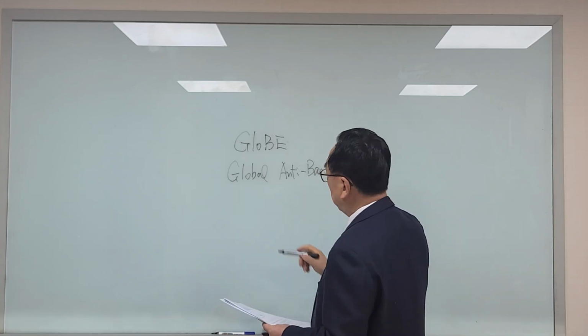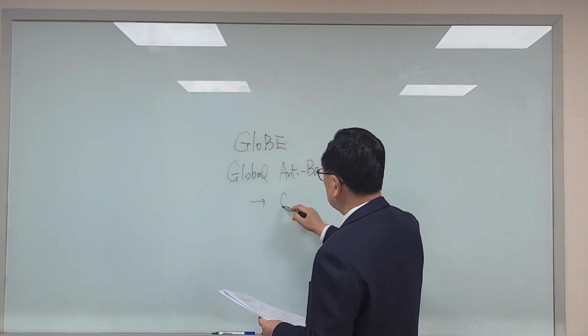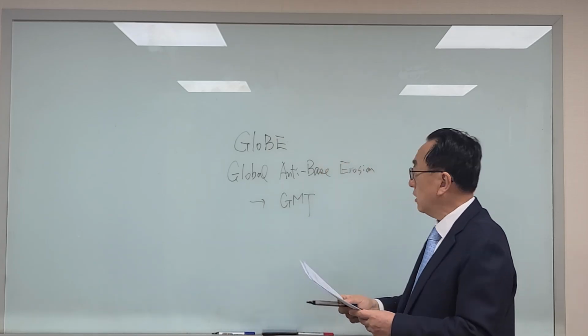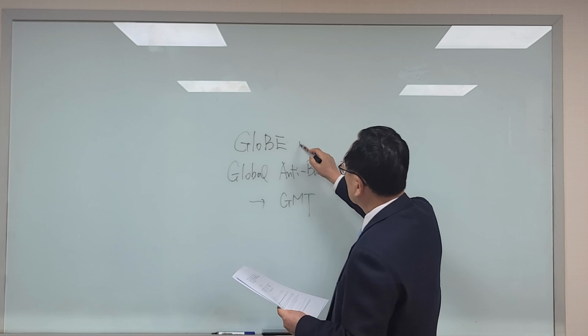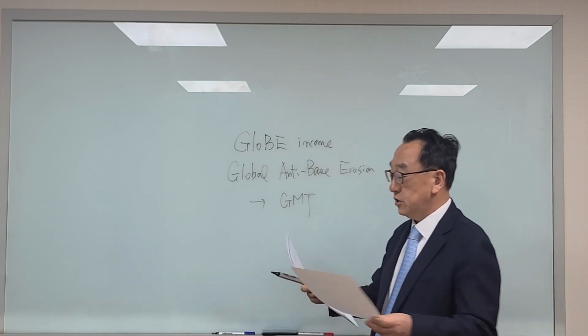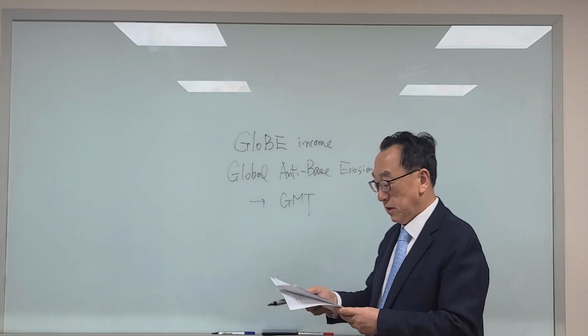This is the foundation of the GMT, global minimum tax. So calculation of GloBE income is step 3, for each constituent entity.